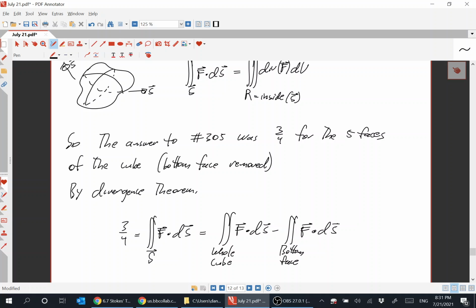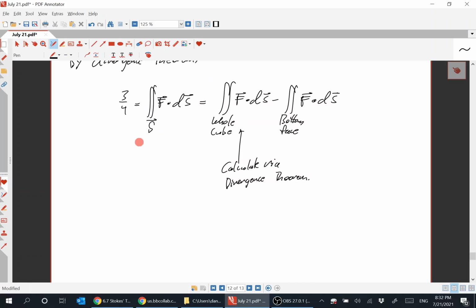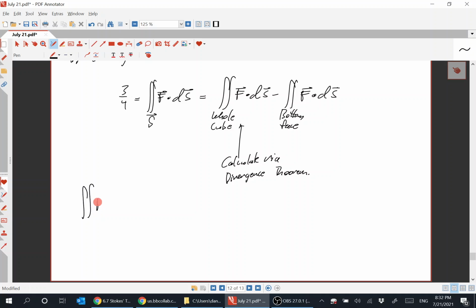So now I've got the whole cube, a closed surface without any boundary. But this one I can calculate via the divergence theorem. So the double integral of F dot dS over the whole cube is equal to the triple integral of the divergence of F dV over the cube.